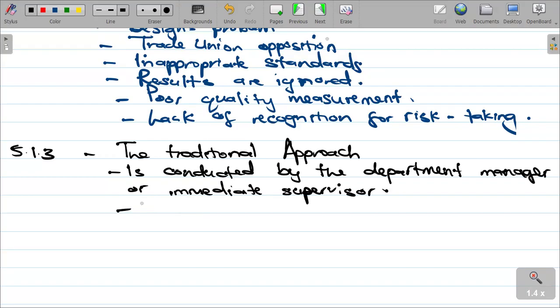Right? And also, let's move on to another approach.